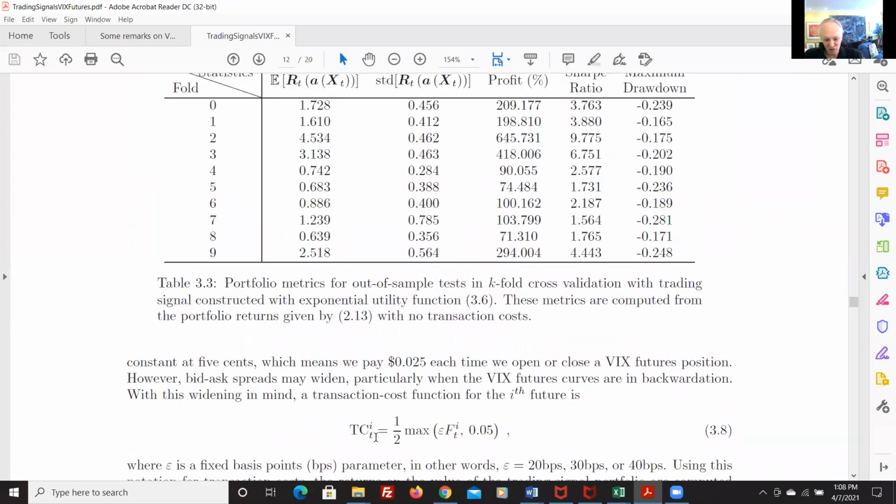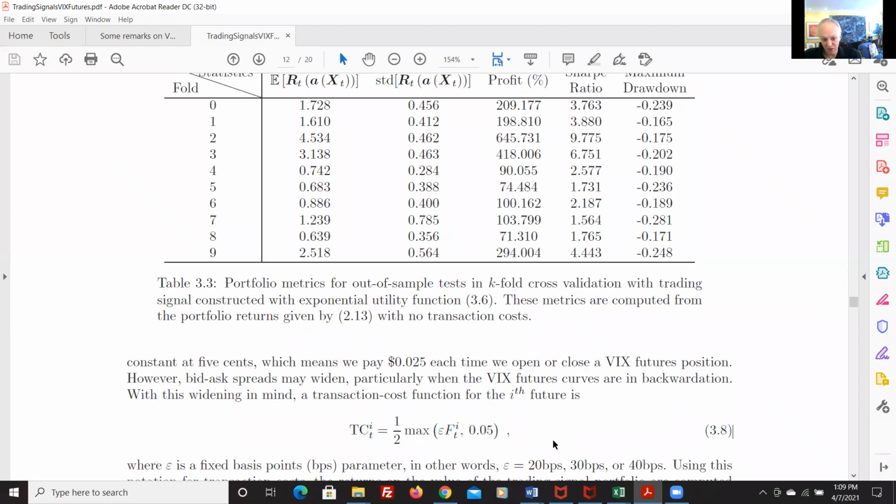The transaction cost is equal to the notional futures price times a percentage, the maximum of that and 5 cents on the VIX, right? So $50. Neil, this is the formula that we use in the simulations.